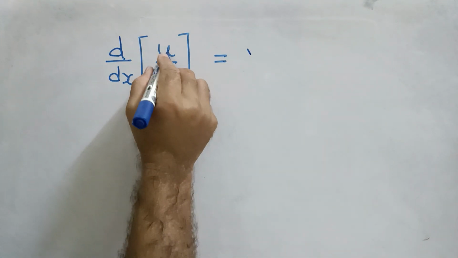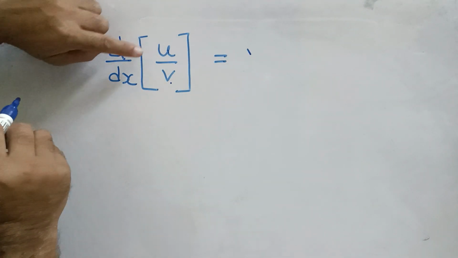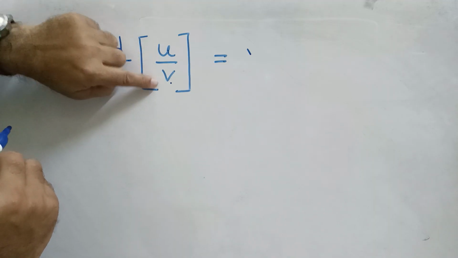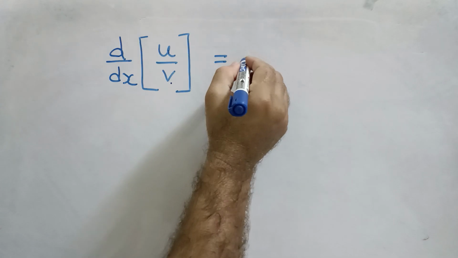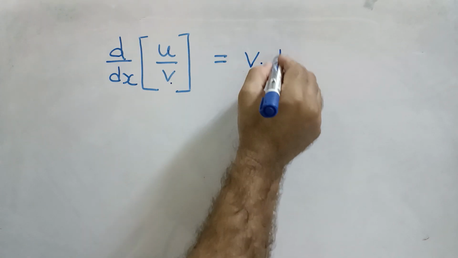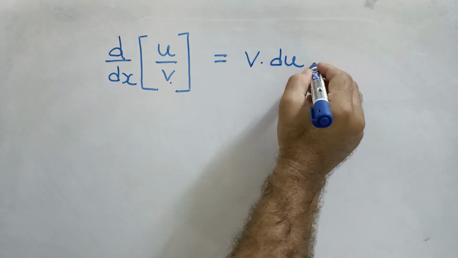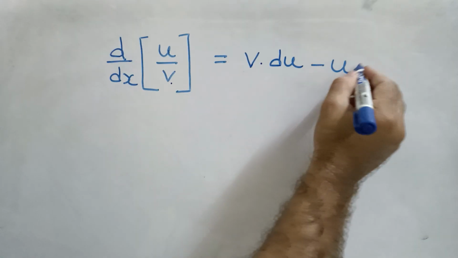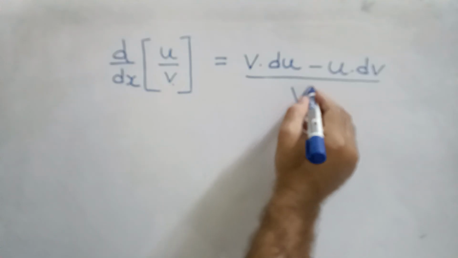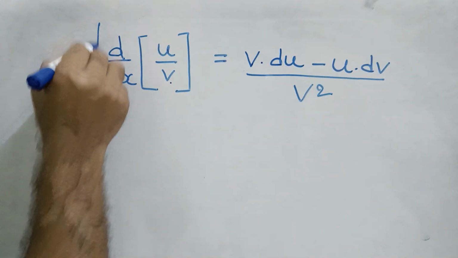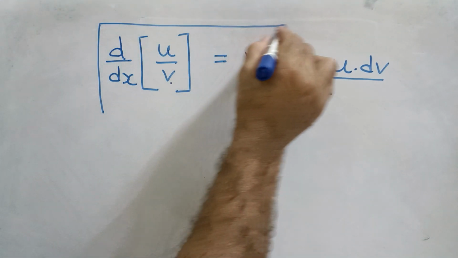If u by v, this is the first function, this is the second function, or the numerator and the denominator, then that can be expanded like this: v into du minus u into dv by v square. That is the formula. Very, very important formula.